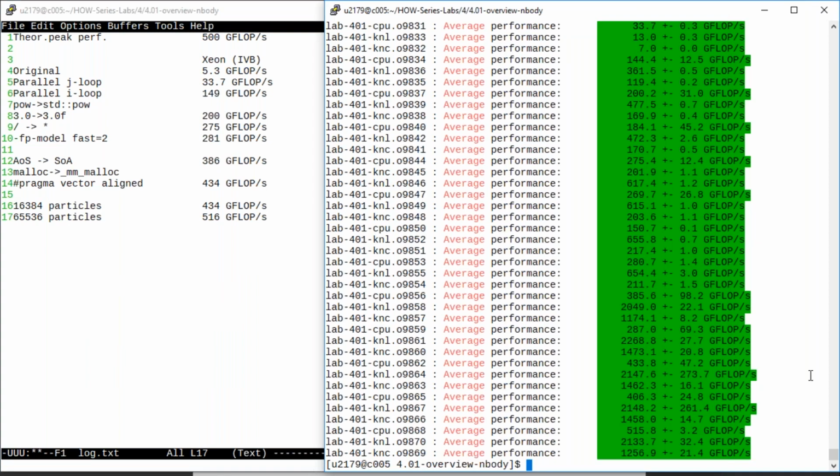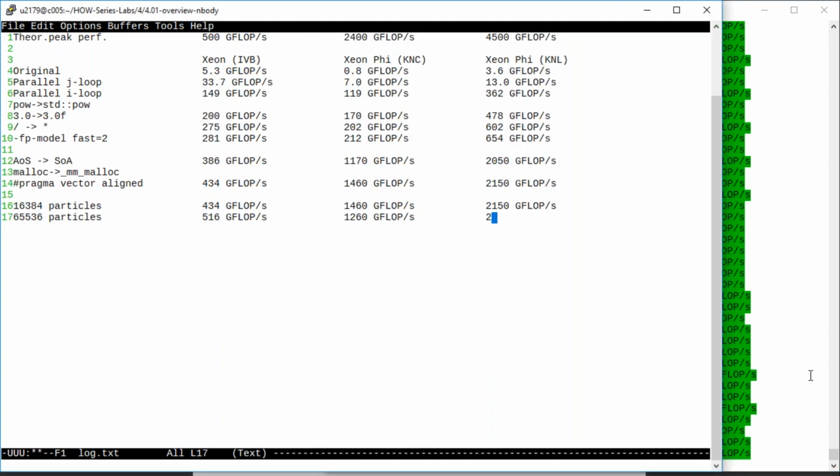And on Knight's Landing 2130. Sorry, so performance increased on the Xeon, but it dropped on Knight's Corner and slightly dropped on Knight's Landing.